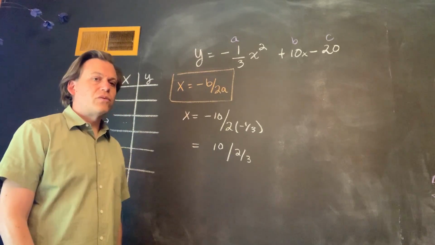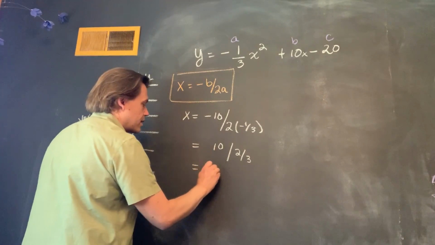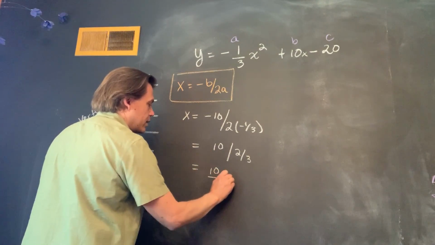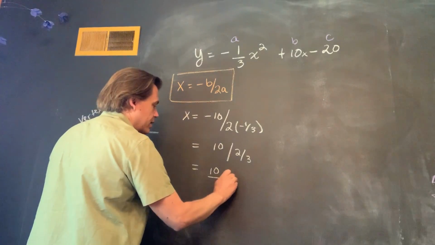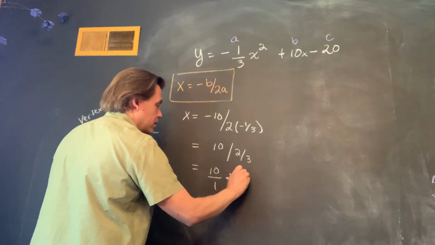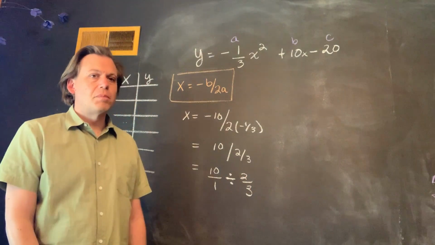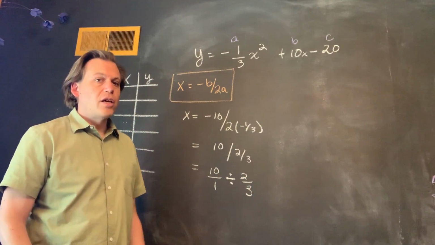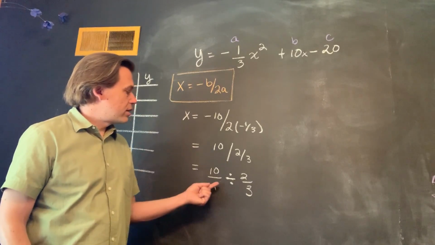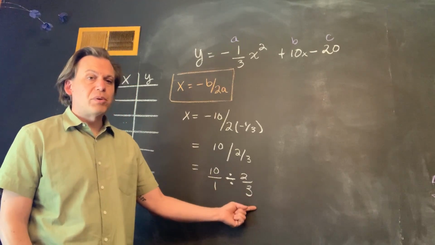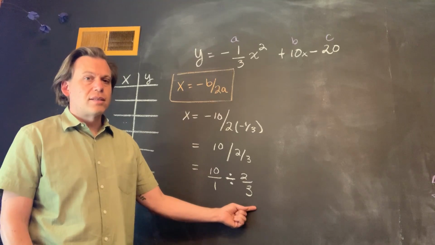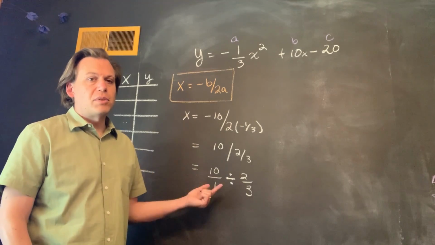And then you're dividing 2 fractions. That's the same as 10 over 1 divided by 2/3. Same thing. But when you divide 2 fractions, you multiply the first fraction times the reciprocal of the second fraction. Some of your teachers taught you keep, change, flip.